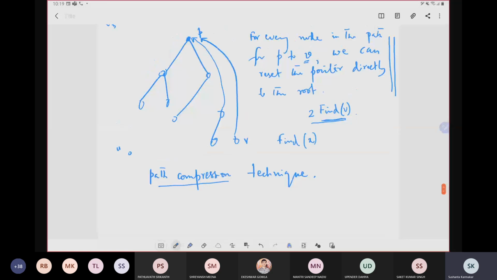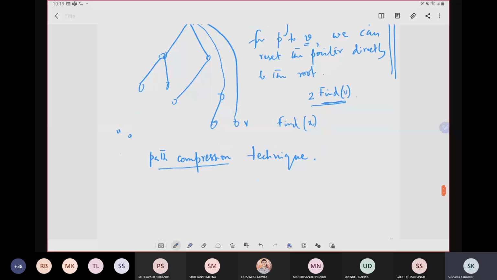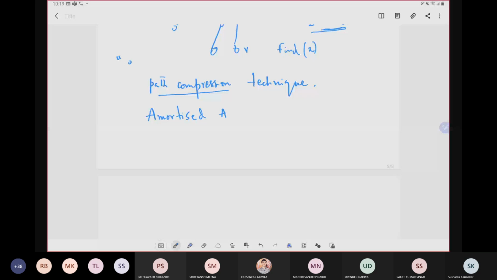If you do worst case analysis, it is still log n. But sometimes a better analysis can be done, which we will see later in many places, known as amortized analysis.